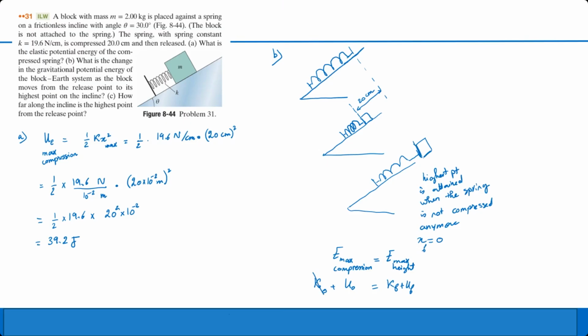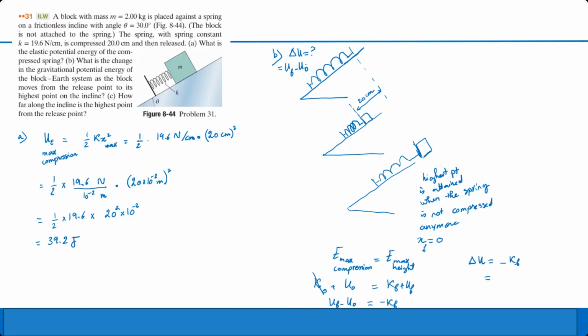Remember, what I'm looking for is the change in the gravitational potential energy. I want delta U, and delta U is none other than U final minus U initial, or U0. I'll take U final minus U0 to one side, and this will be equal to minus K final. I just isolated U final minus U0 because this is none other than delta U. So delta U will be minus K final.